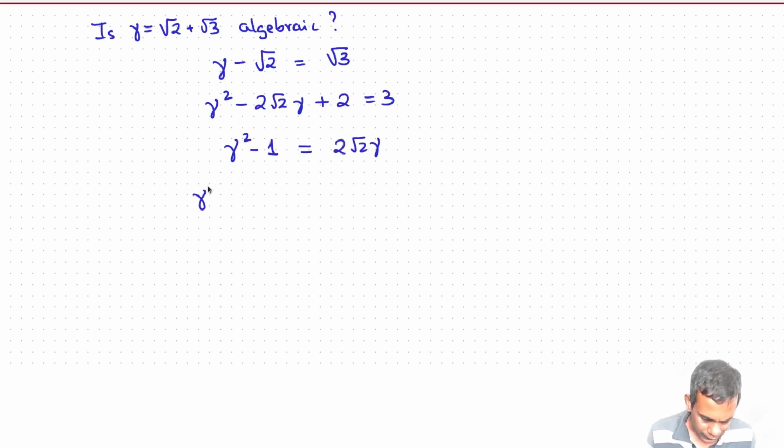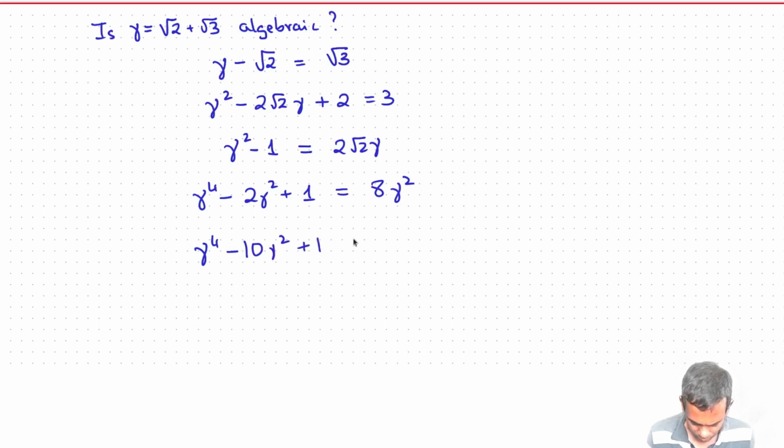Then we can square that again and we get gamma to the 4 minus 2 gamma squared plus 1 is 8 gamma squared, and so we get gamma to the 4 minus 10 gamma squared plus 1 is equal to 0. So there you go. There's a polynomial of degree 4 with rational coefficients that is satisfied by square root 2 plus square root 3. So square root 2 plus square root 3 is also algebraic.